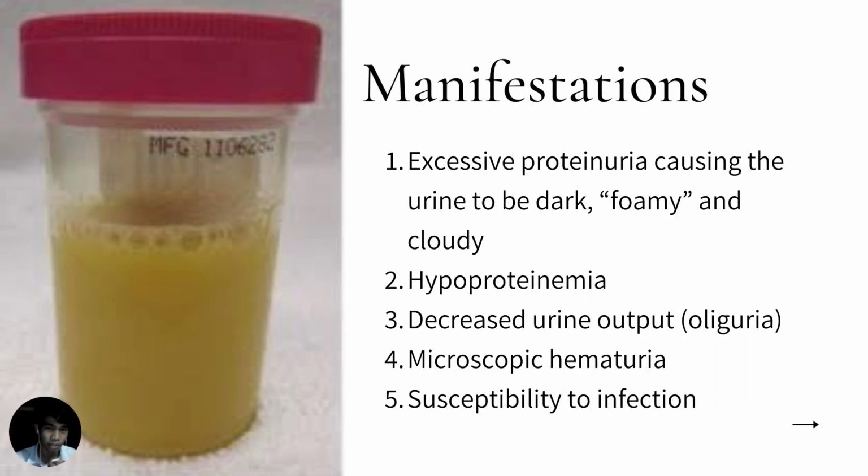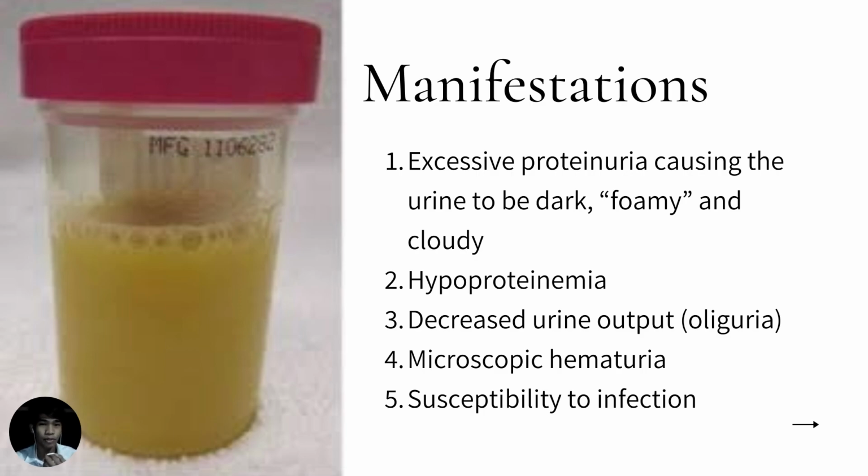What are the manifestations, or the signs and symptoms, of the disease? First is excessive proteinuria, causing the urine to be dark, foamy, and cloudy. Having protein in our urine gives these characteristics, as you can see in the picture: dark, foamy, and cloudy urine.